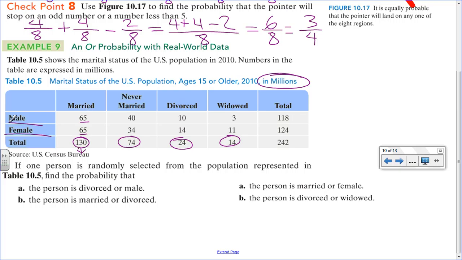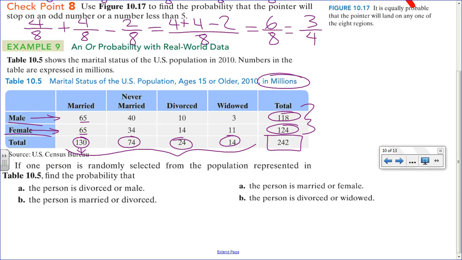If we add all the males, we had a total of 118 males, and we had a total of 124 females. The total of all combined is 242. You can get that 242 by adding the males and the females, or by adding all of the marital statuses.